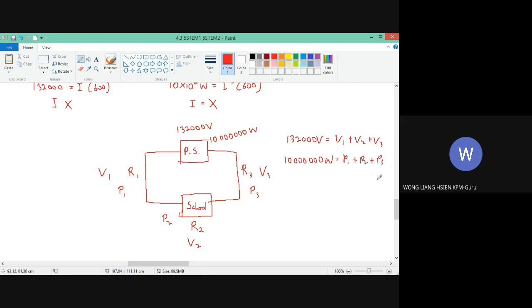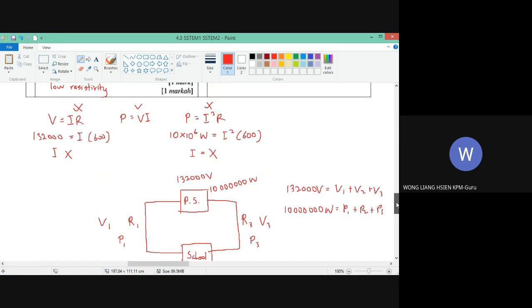But the problem here is we don't know how much of the power the cable gets. So we cannot use this to calculate. Same as this one, we don't know how many volts the cable actually gets, so we cannot use this formula.